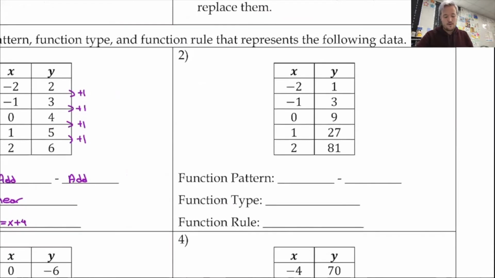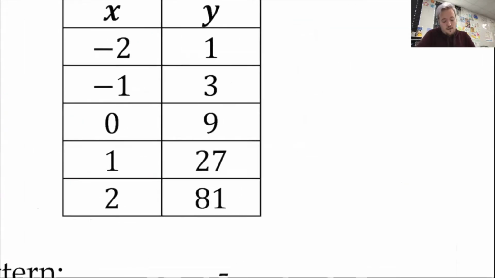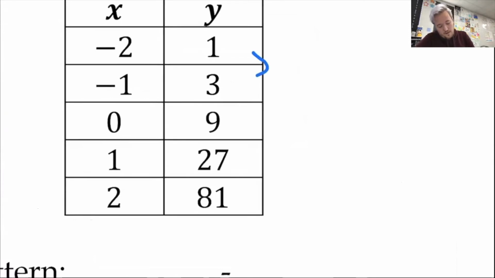All right, so over here, number 2. Looking at the y values, to go from 1 to 3, if I try to add 2, it doesn't work when I try to do it here, which means adding is not going to work. So I have to try something else. The other way to go from 1 to 3 is if I multiply by 3. So multiplying works for everything.